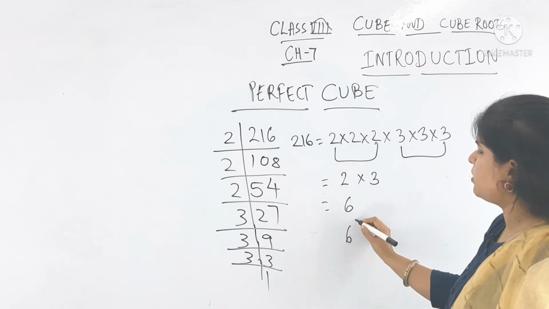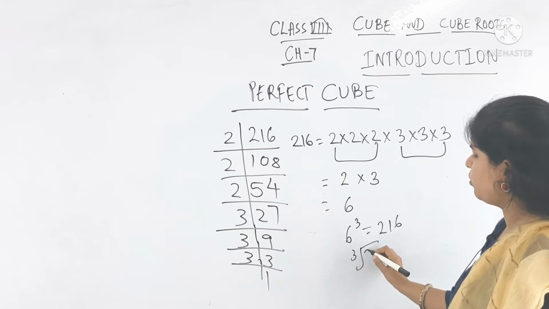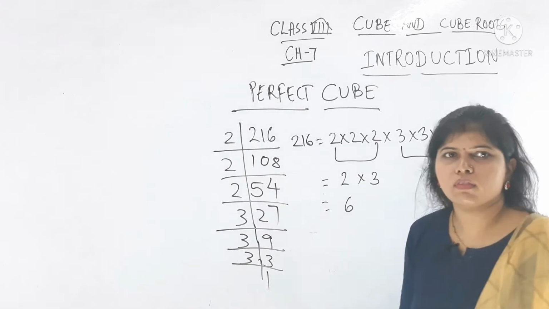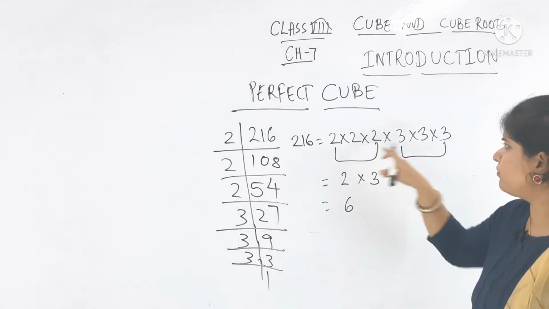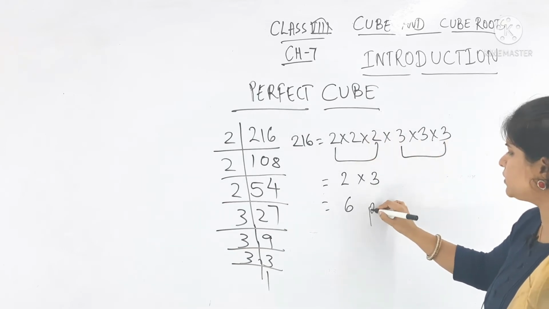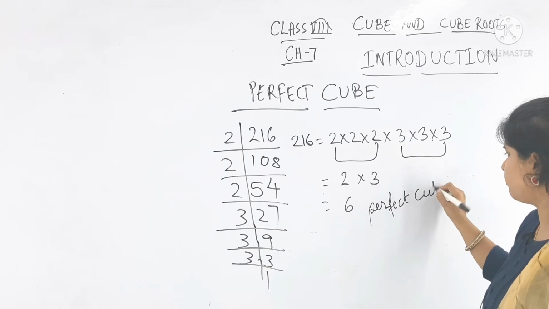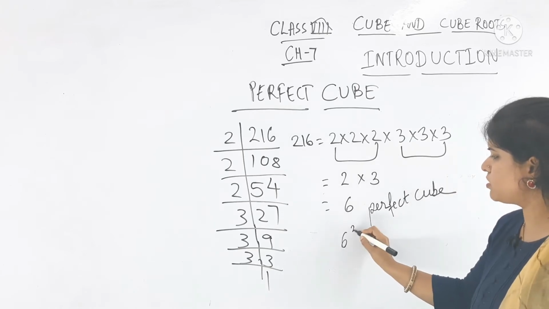So, 6 cube is equal to 216, or cube root of 216 is 6. Here you can see that we had the groups of 2 and 3. So, that means it is a perfect cube.